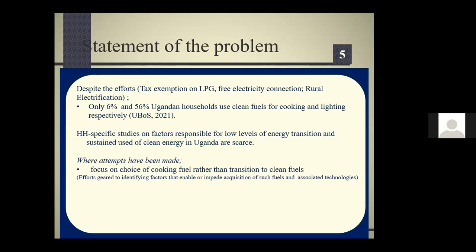The other issue we have in here is that studies that are specific to try to see what factors should be prioritized in order to help households to not only transition, but also to sustainably use clean fuels seem to be not very available in the current literature.